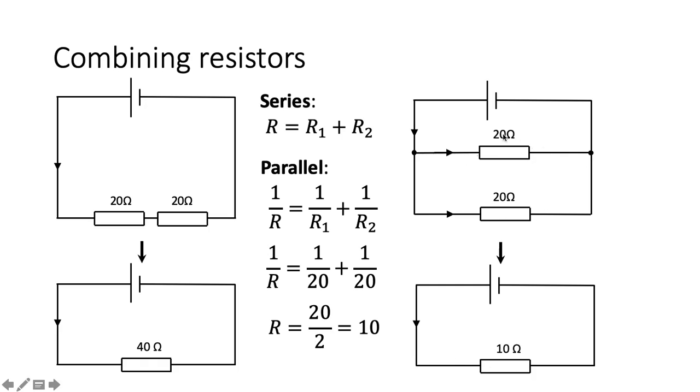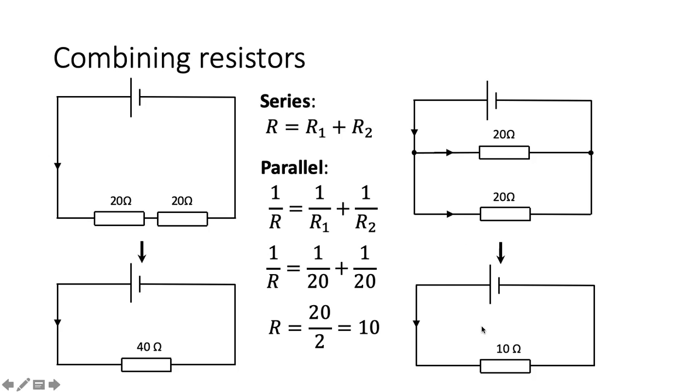Again, that makes sense from a sort of physics point of view, so to speak. If you compare one resistor, by putting another resistor across it, we're making it easier for the electricity to flow. It's easier for the current to pass through two of these resistors in parallel than it is through any one resistor. It has more paths, more options, more choices. Don't anthropomorphize, but that's kind of what we're saying.